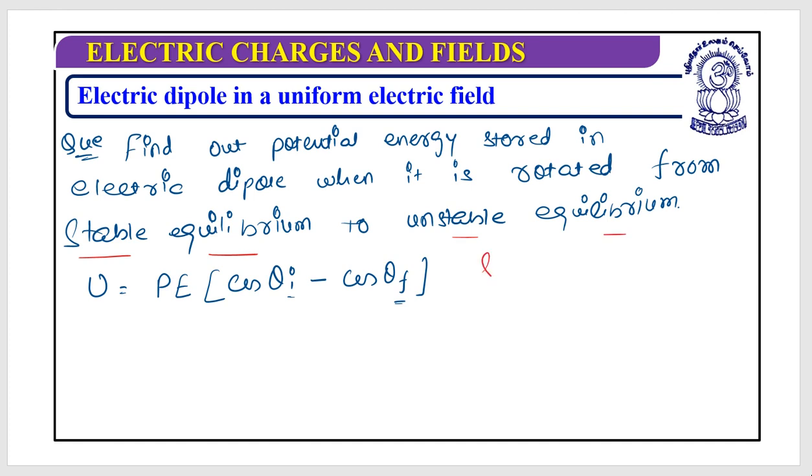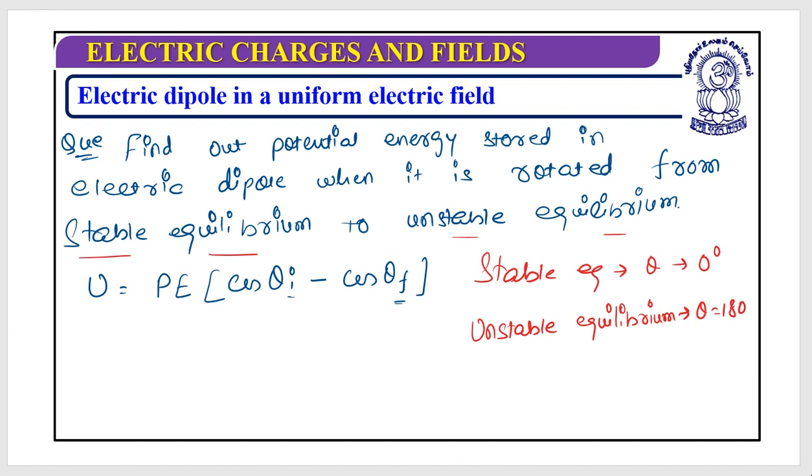At stable equilibrium, theta would be 0, and at unstable equilibrium, theta would be 180 degree.